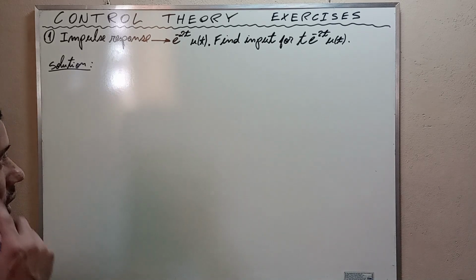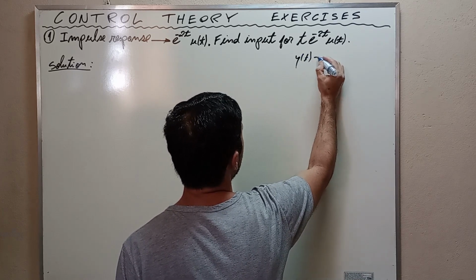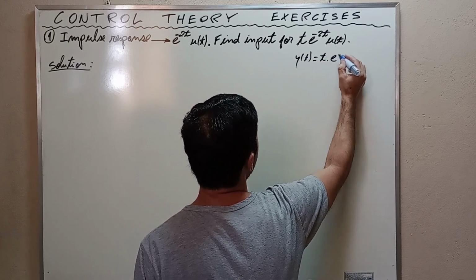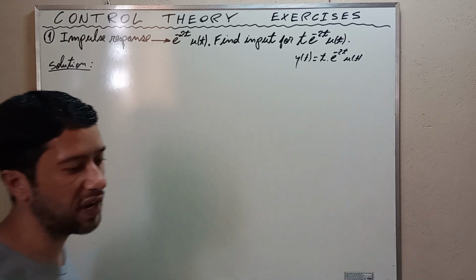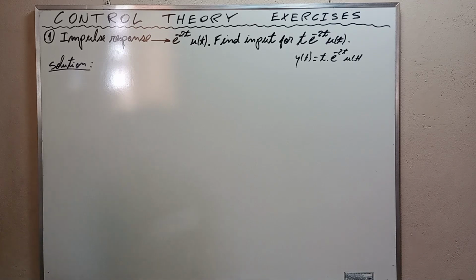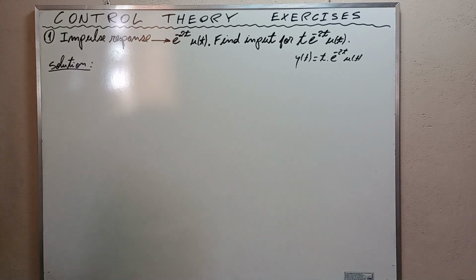So y of t equal to t times e raised to the power of negative 2t u of t is the desired response in the time domain. This is what we wish. But the exercise asks us what would be the input. This is the question. Let's go to the solution.